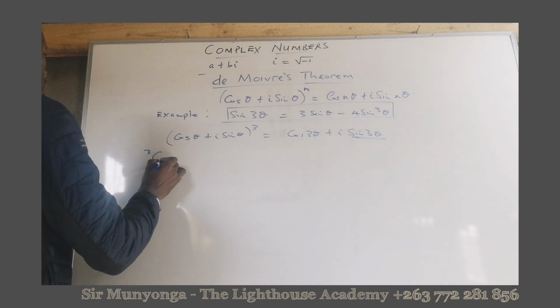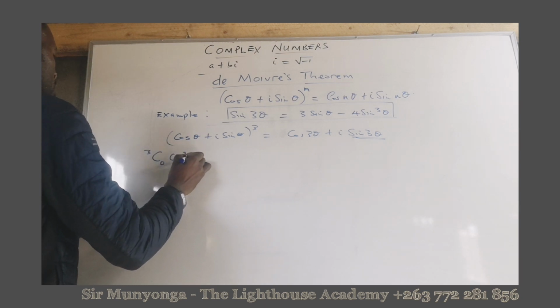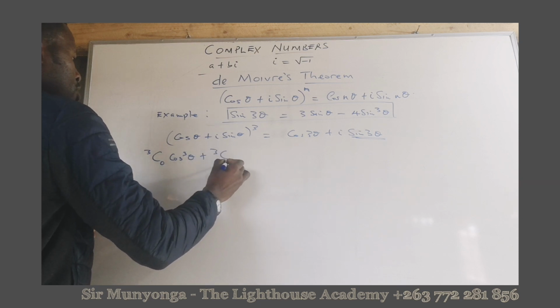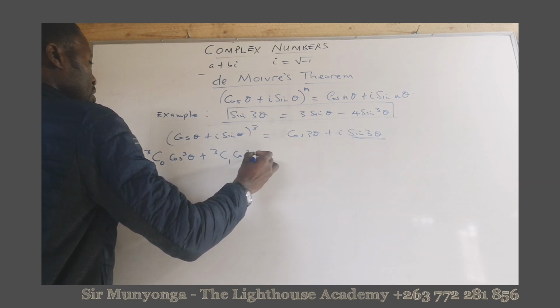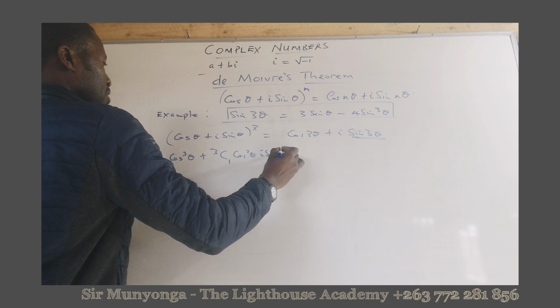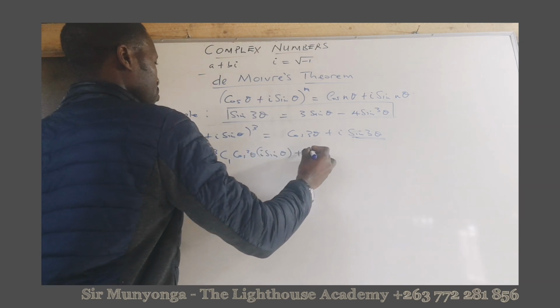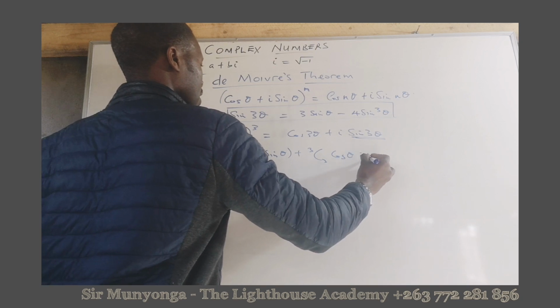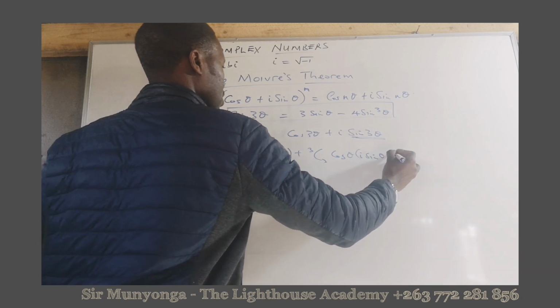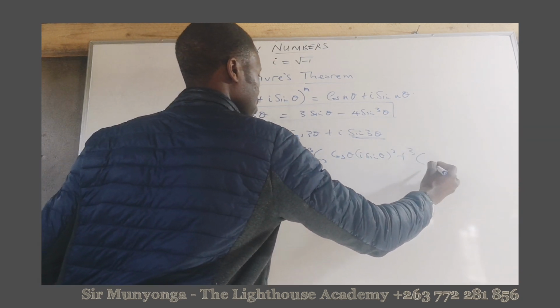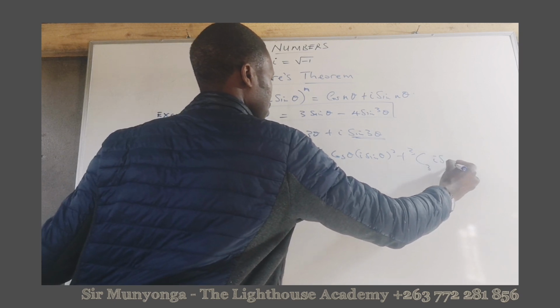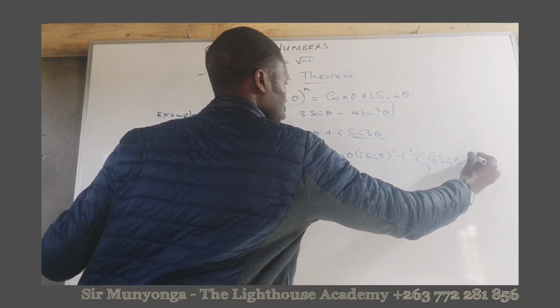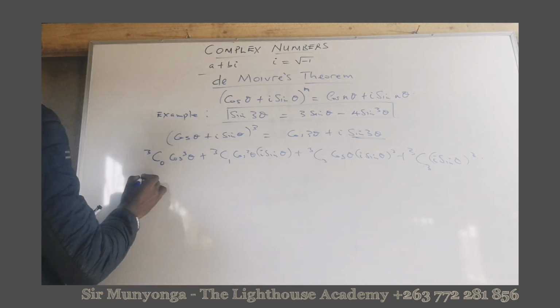That's 3 choose 0 cos cubed theta plus 3 choose 1 cos squared theta i sine theta plus 3 choose 2 cos theta (i sine theta) squared plus 3 choose 3 (i sine theta) to the power 3.